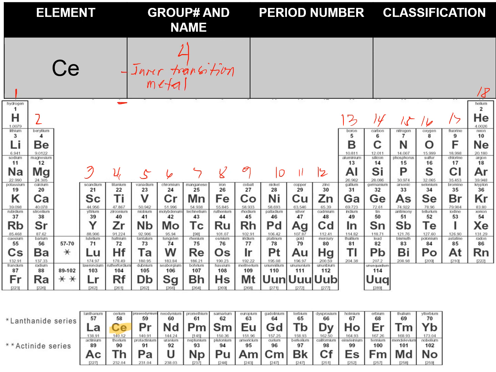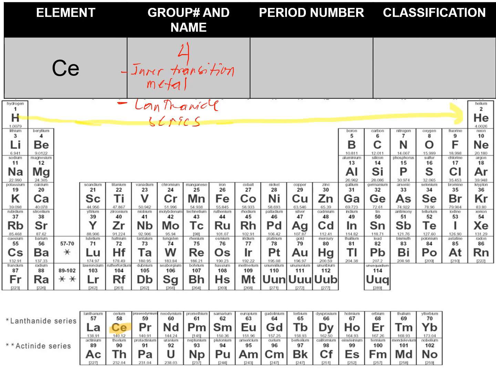Ayan, inner transition metal or elements. And then, anong series ito? Ayan o, nasa lanthanide series siya. Ayan, lanthanide series. So, next ay yung kanyang period number. So, burahin natin yung mga numbers dyan. Ano ang kanyang period number? So, bilangin natin. So, period number ay, ito yung 1.